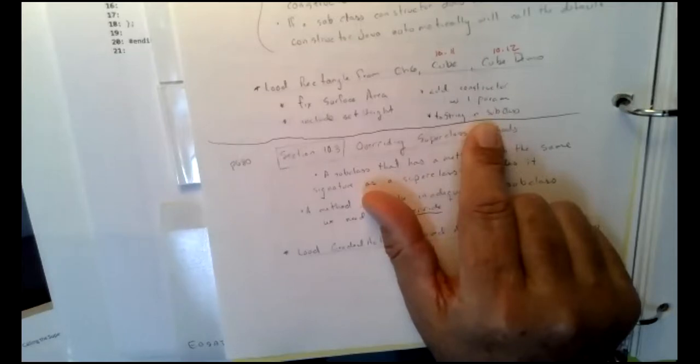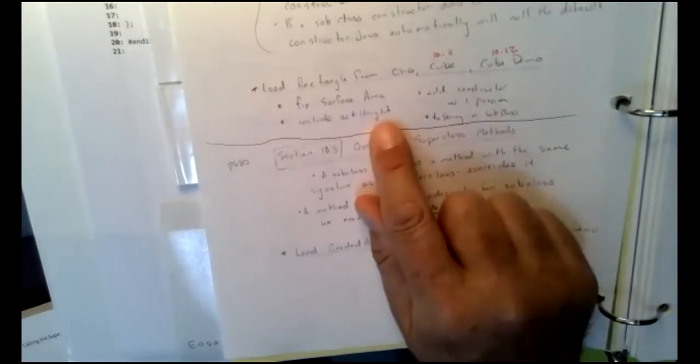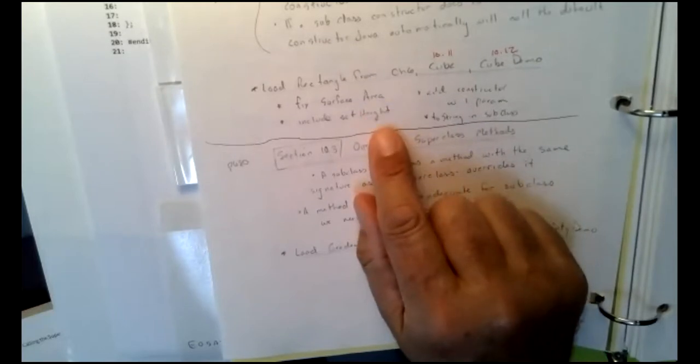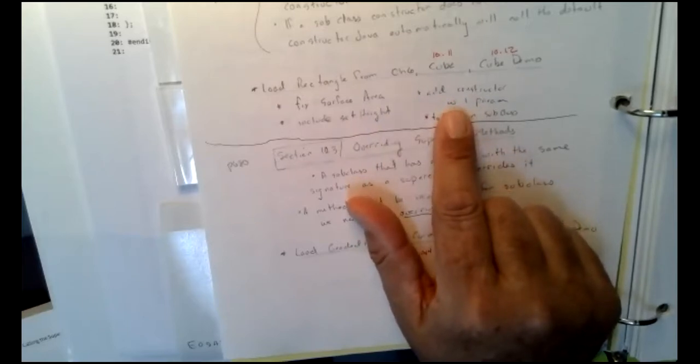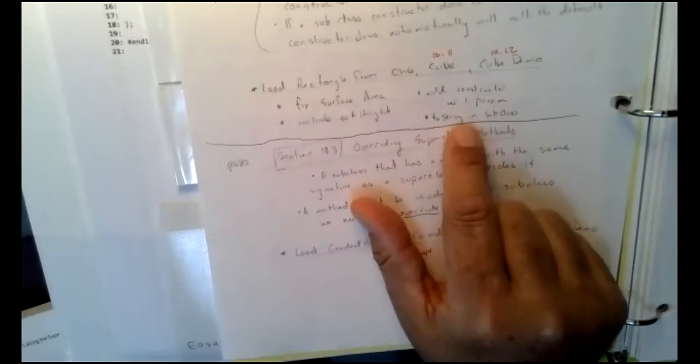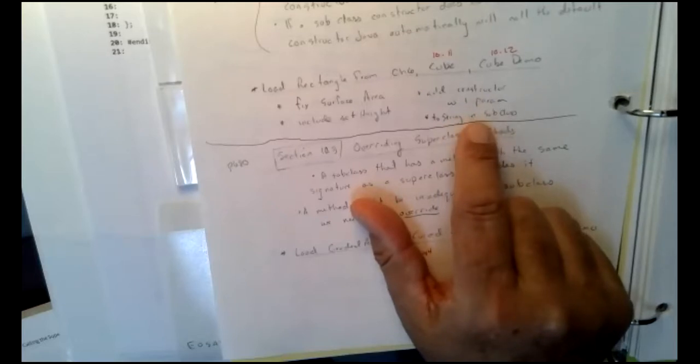So 4 things: fix surface area, include set height, add a constructor in cube that only has 1 parameter. And I want you to go and bring back toString. That was chapter 8. Okay, we talked about it a little bit already this year. And put a toString in your subclass so that in our demo, we can just display the object.